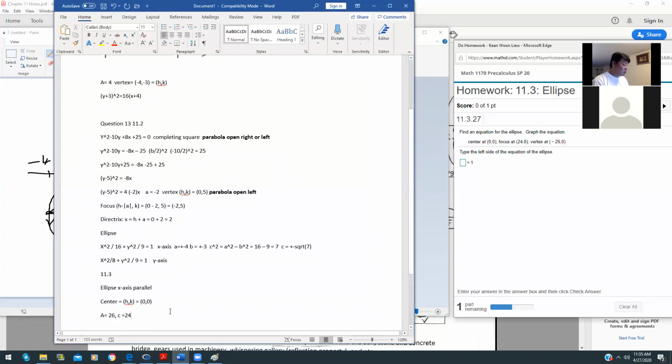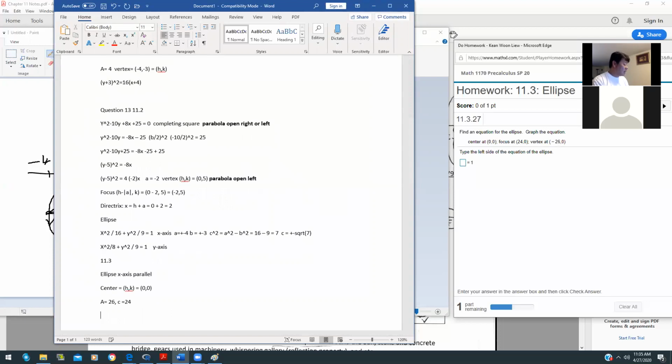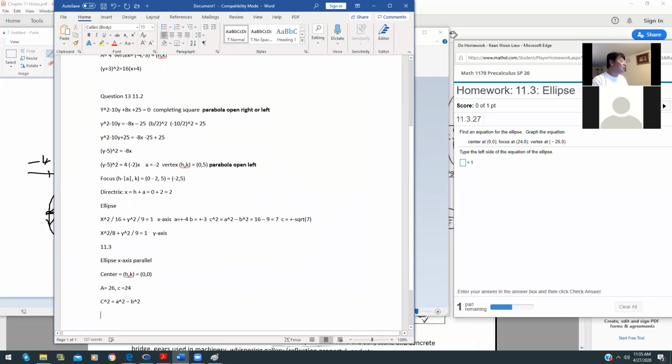So what we need to do is find B. How do you find B? You use the Pythagorean theorem, but instead of plus, you minus it. C is 24, so you have to square it. 24 squared is 576.